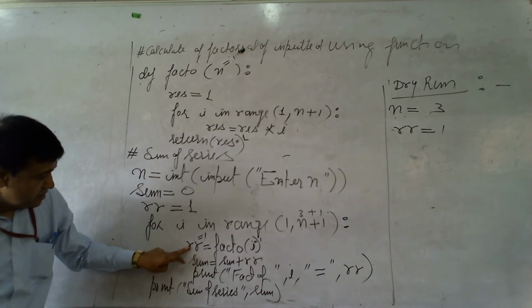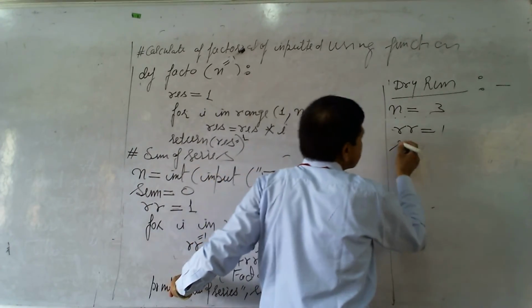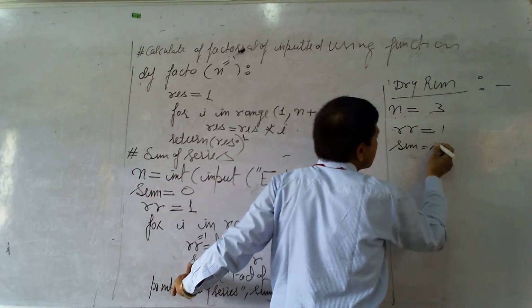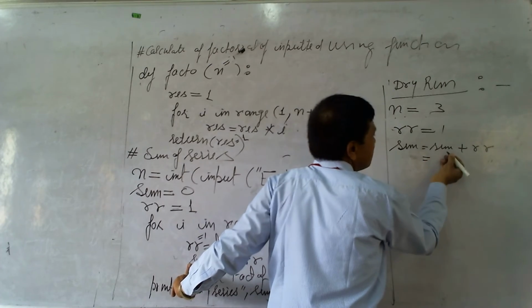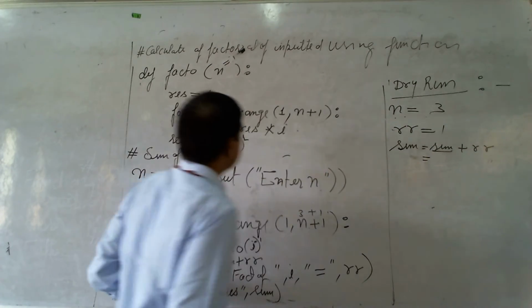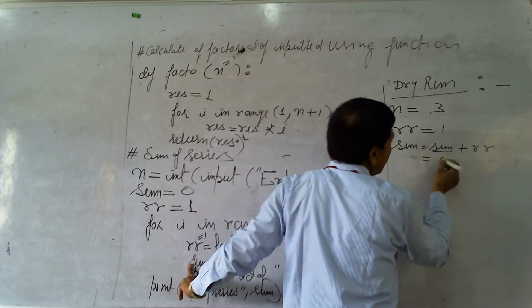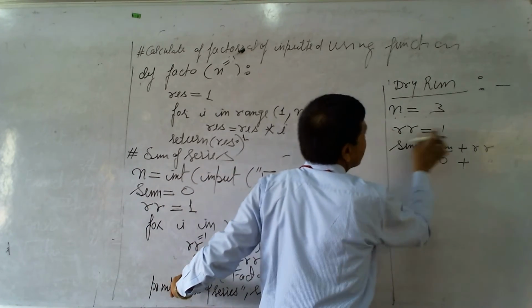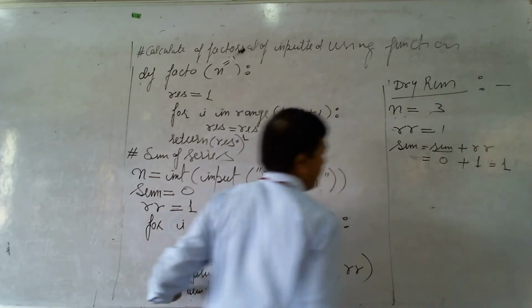After this statement is executed, this will give you sum equal to sum plus RR. The value of sum I have taken here is 0, and the value of RR I have calculated is 1, so the value of sum is 1.